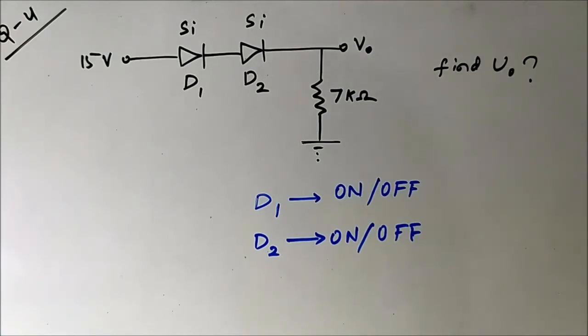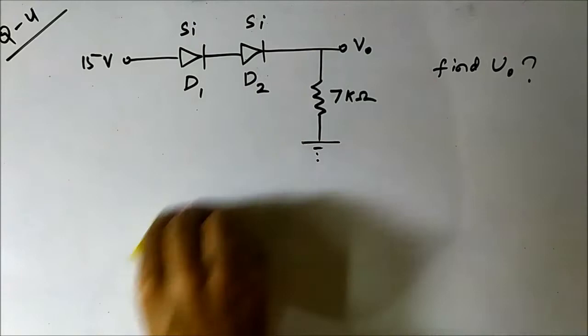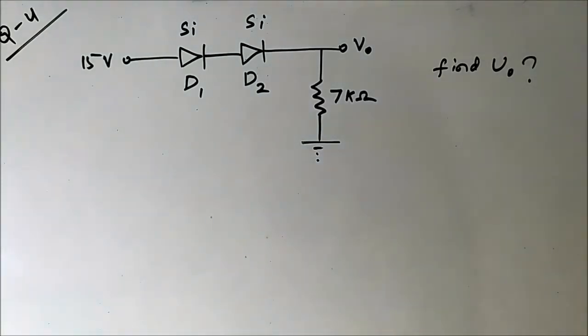We have already discussed two methods of approaching the circuit. First, open circuiting the diodes, or second, replacing the diodes with their equivalent circuit representation, the built-in potential, and then finding the direction of current flowing through the diode.